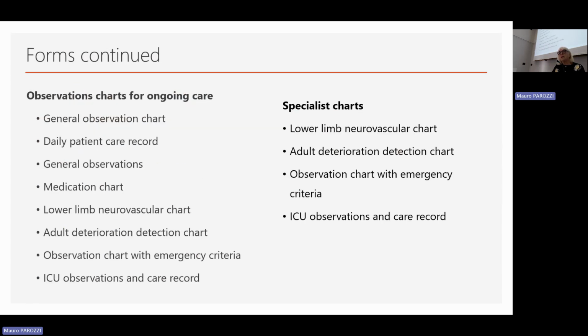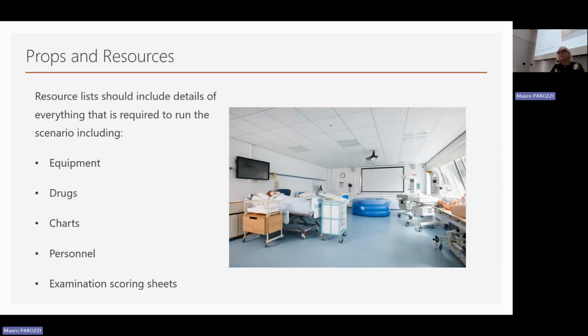Ongoing care, daily patient records, etc. So all of those things need to be available, but this is a scenario of admission. He's just turned up. So it's the initial assessment forms that are used and specialist forms. But there's usually a folder with all these forms, and they need to know what to use, right? That's part of the competence.